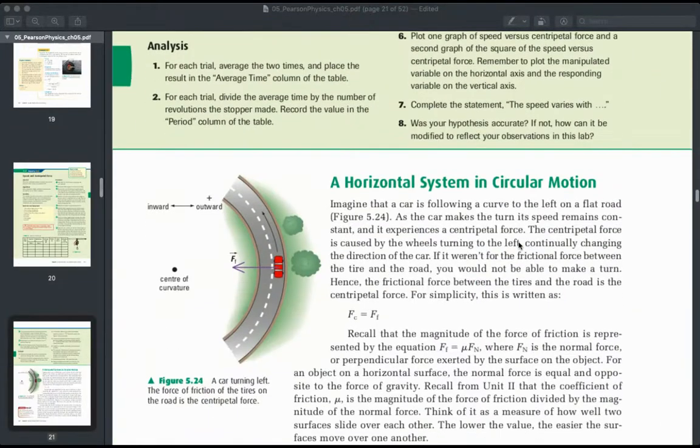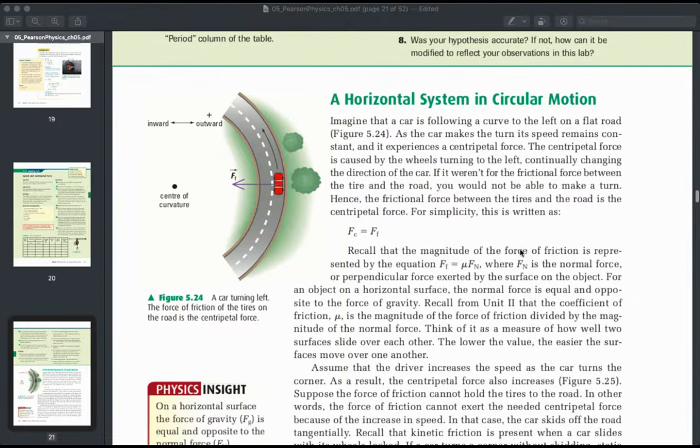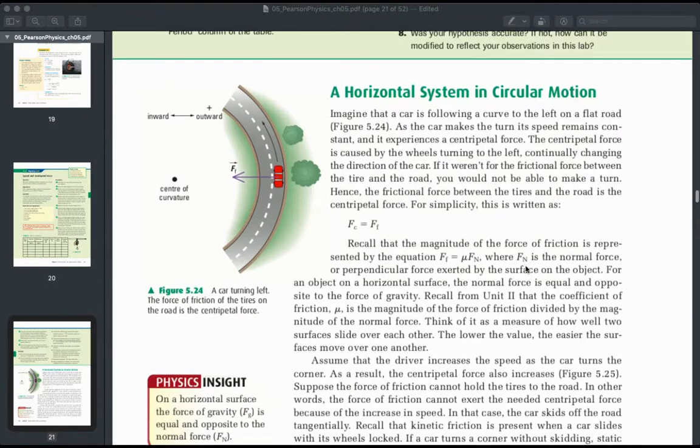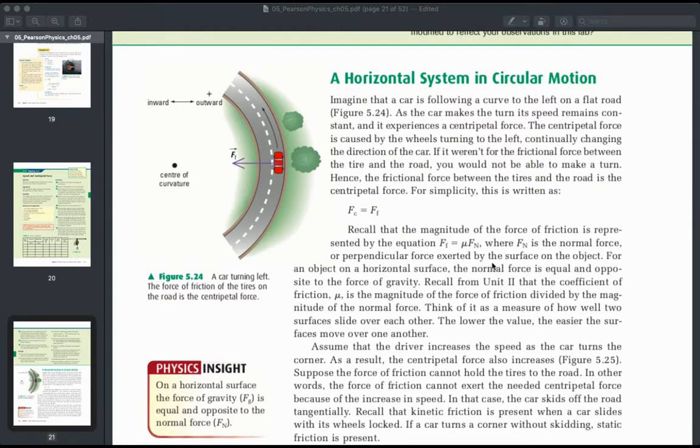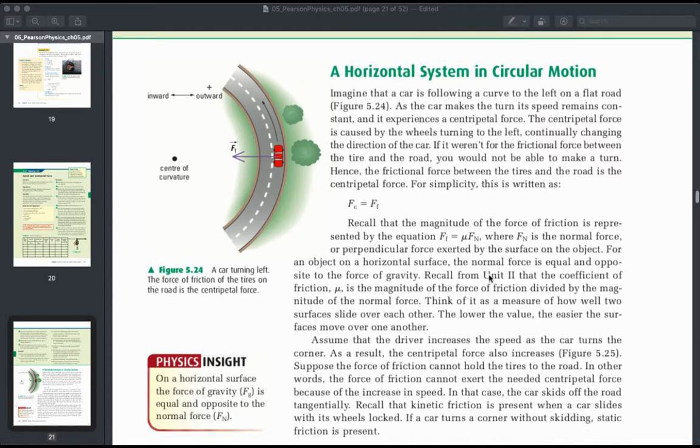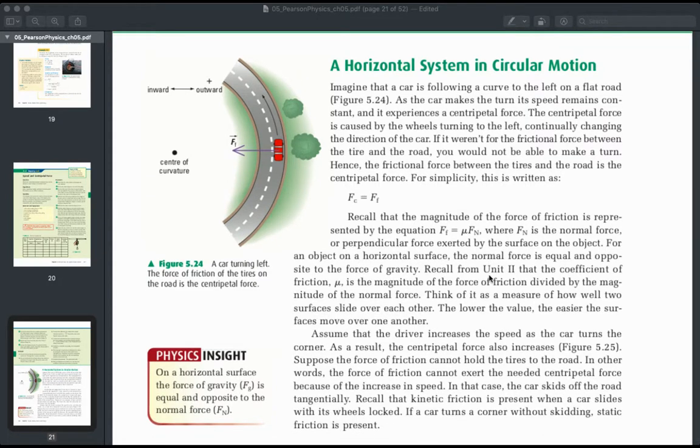So what we're going to look at is some continued questions about forces that are keeping things in circular motion. One great example is just cornering or turning in a vehicle. If you're making a turn on a vehicle and we can approximate it as circular motion, then we have to realize the only thing that's keeping us in circular motion is force friction.